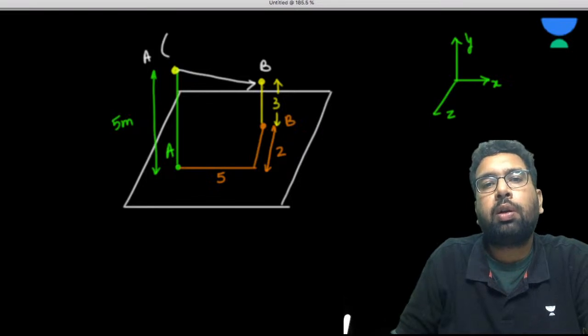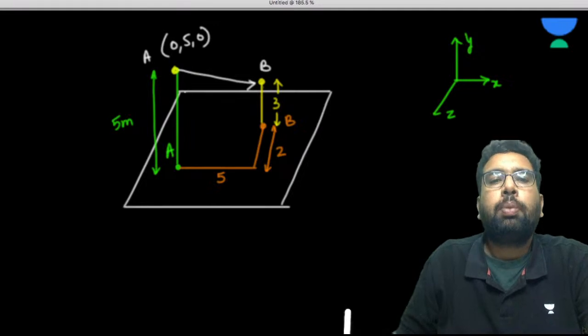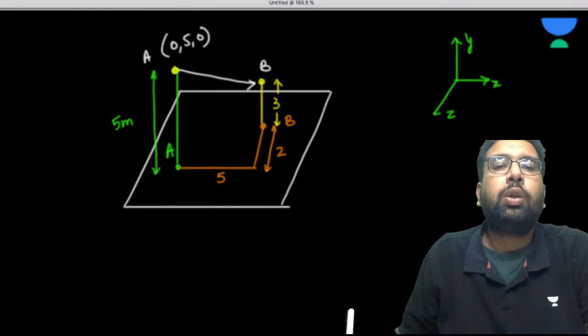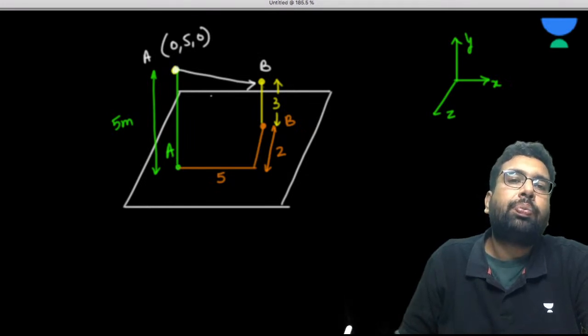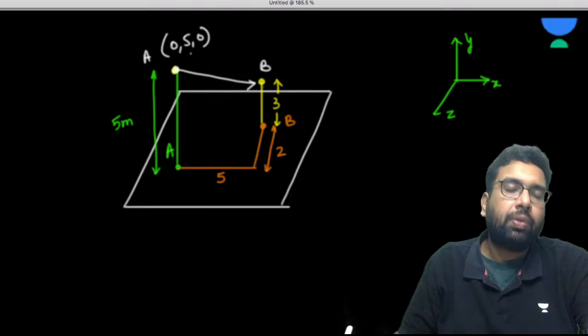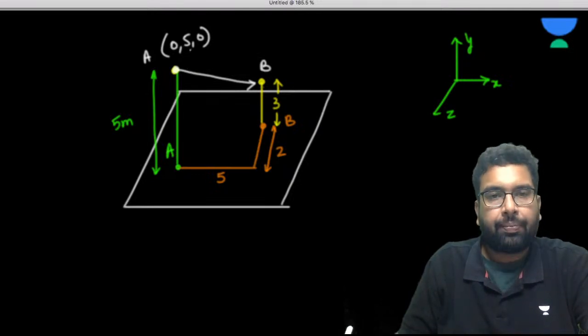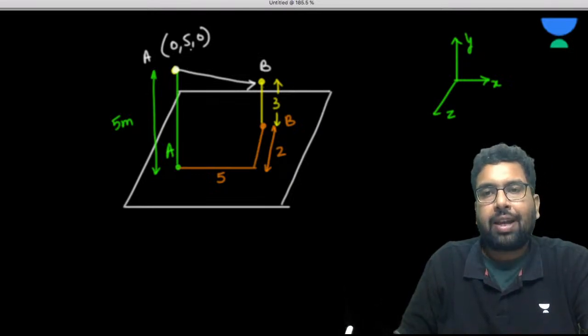So what is going to be the coordinate of it? It is 0, 5, 0, isn't it? How so? If I take A as the origin, then point A has only this 5 y coordinate.